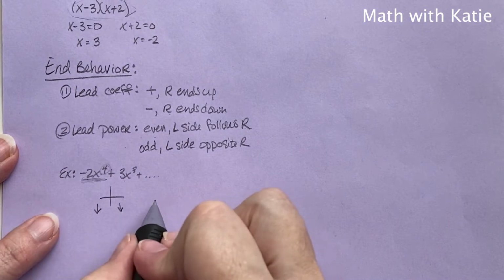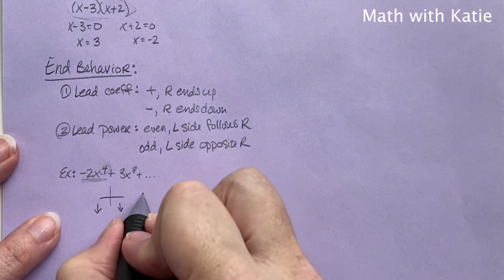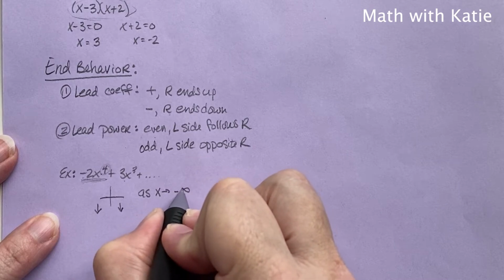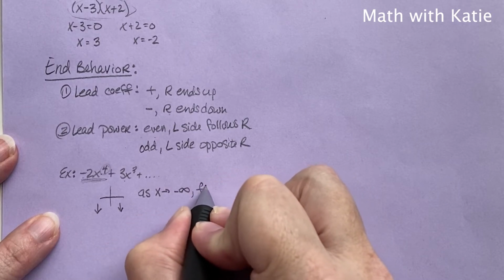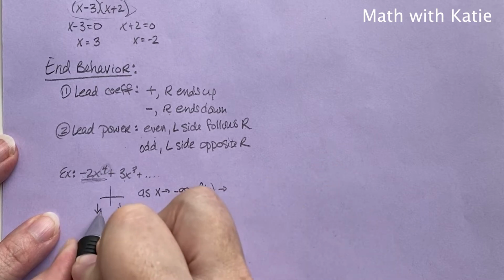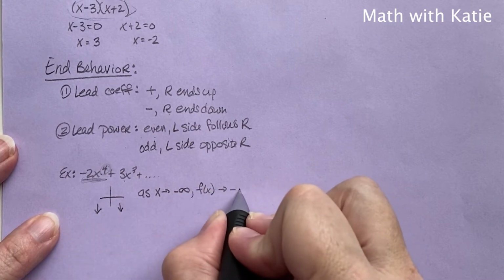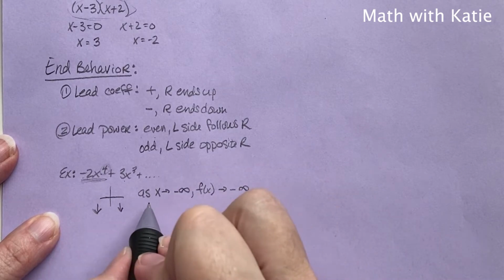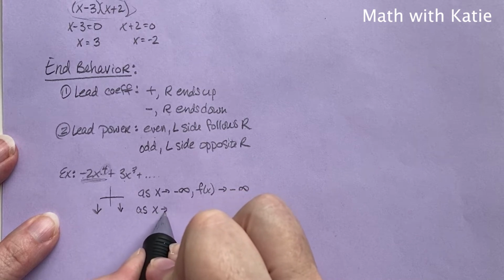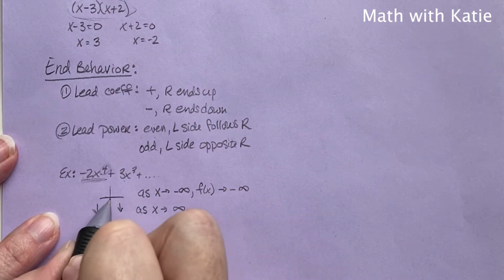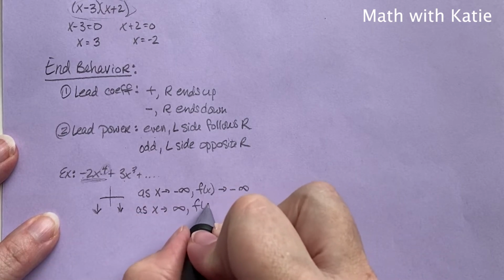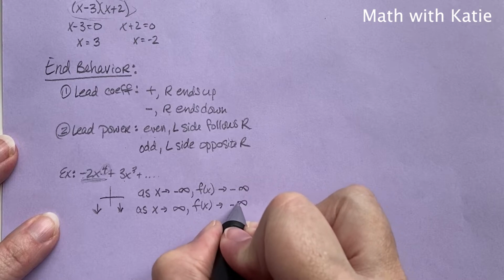Now how we're going to write this: as x goes to -infinity, f of x goes down, so -infinity as well. And as x goes to +infinity, y goes down, so f of x goes to -infinity as well.